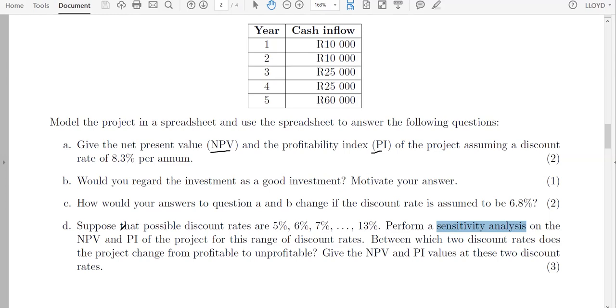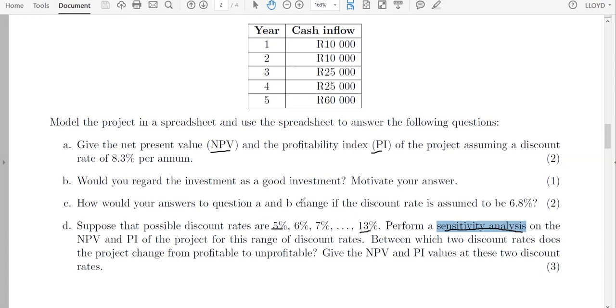And then part D, suppose that the possible discount rates are 5%, 6%, 7%, all the way to 13%. Perform a sensitivity analysis on the NPV and the PI of the project for this range of discount rates. So we're going to change our discount rate from this lower value to this higher value.